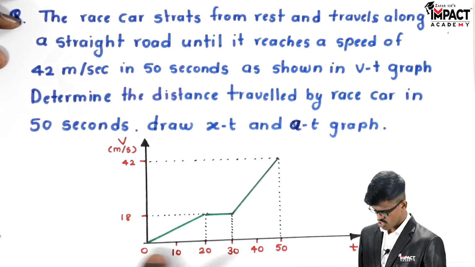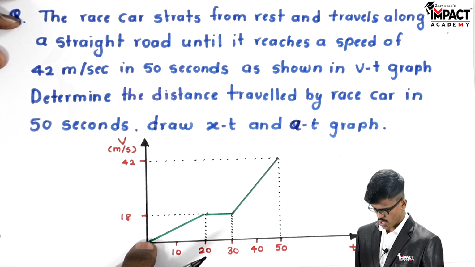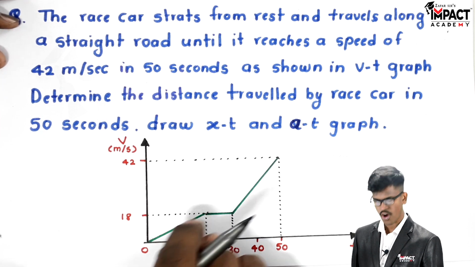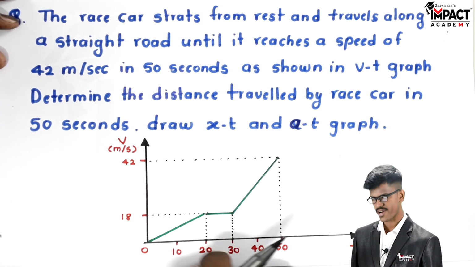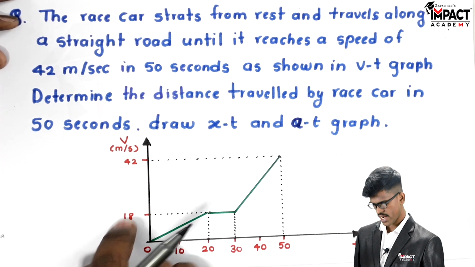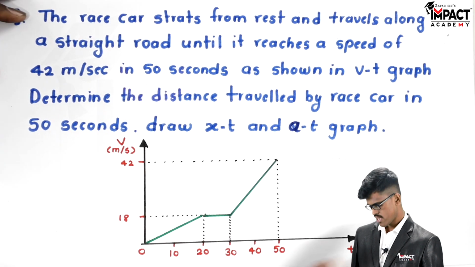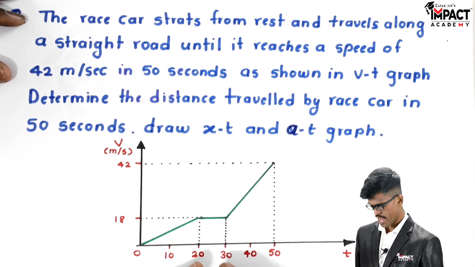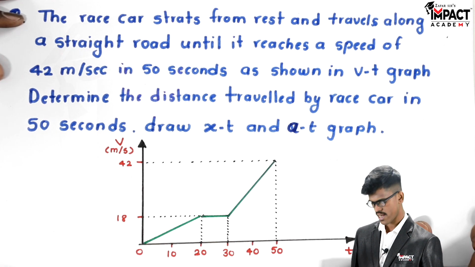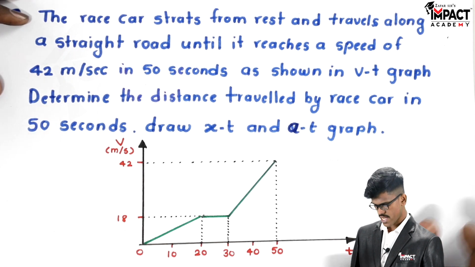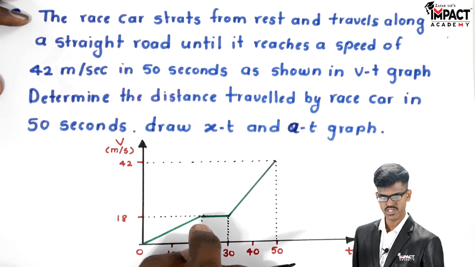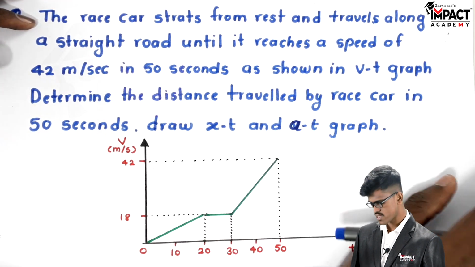From 0 to 20 seconds, the velocity of the vehicle keeps on increasing at a uniform rate and reaches 18 meters per second. Then from the time interval 20 to 30 seconds, the velocity remains constant, which means uniform velocity.